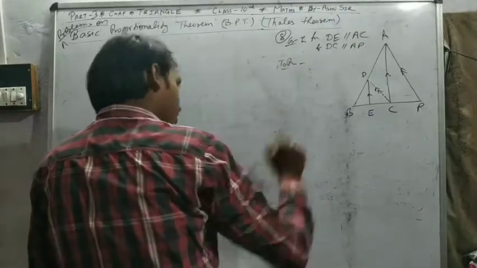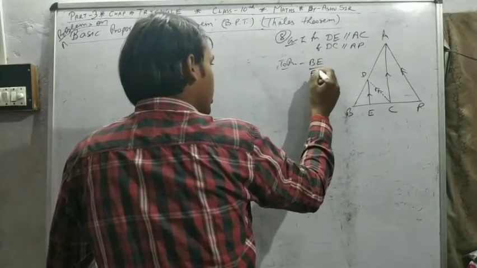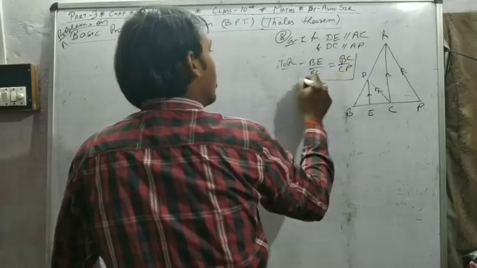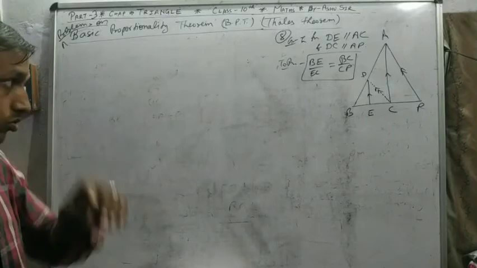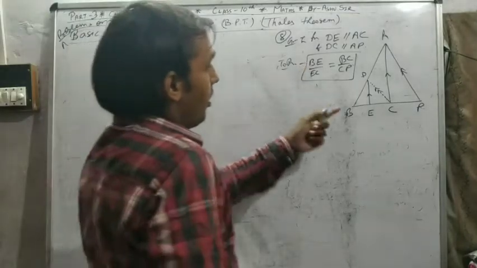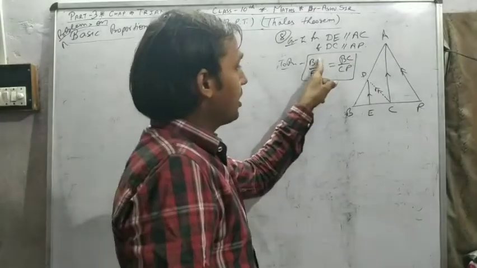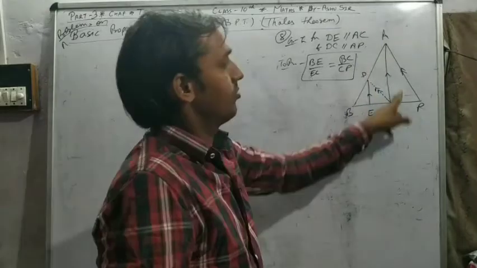Question wants to prove that BE upon EC is equal to BC upon CP. So BE where? BE and EC are the part of triangle BCA.